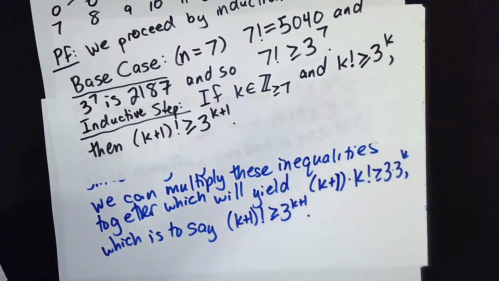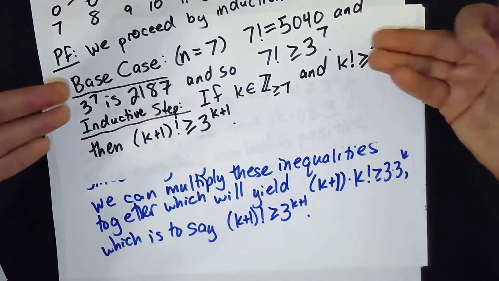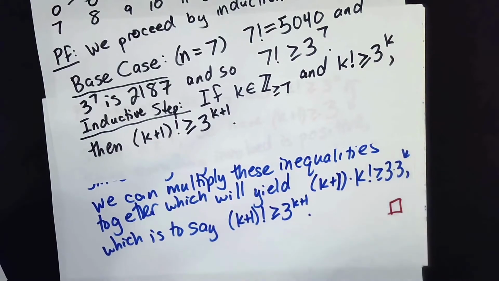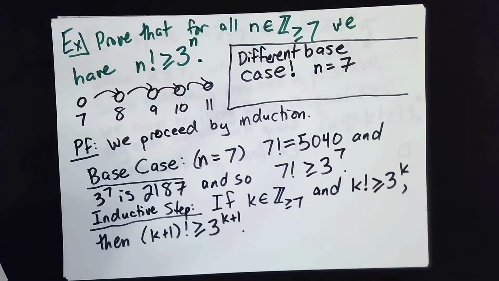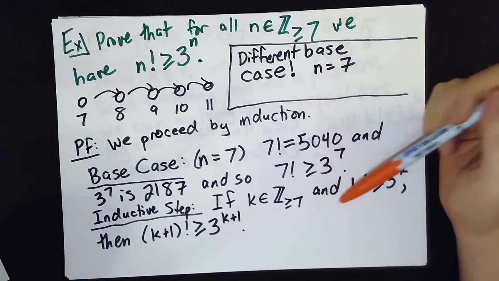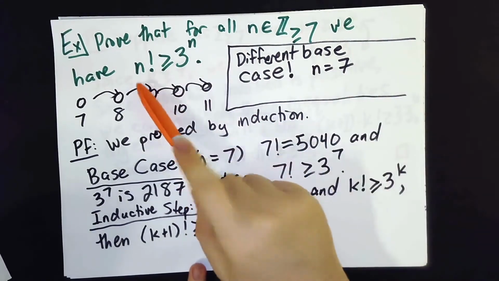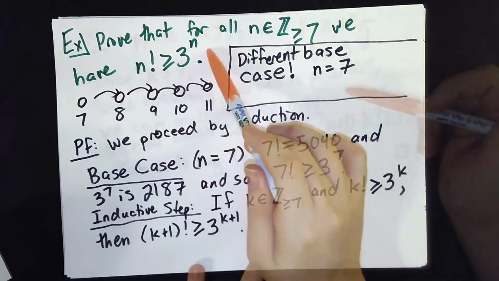And that means we've completed the inductive step, and so together with the base case, this works. And we're done. This proof is an example of one where I think the proof by induction actually does a really good job of explaining what's happening with this inequality.